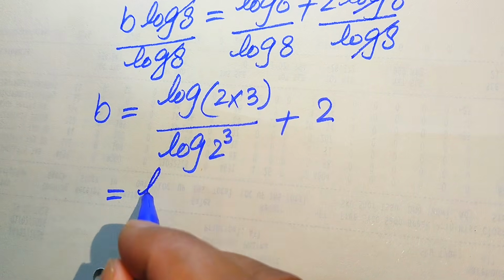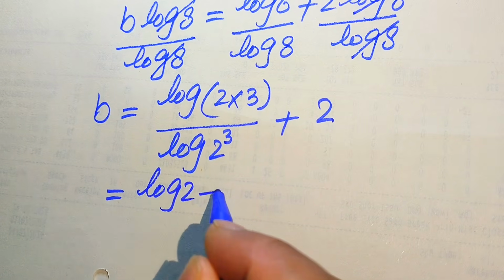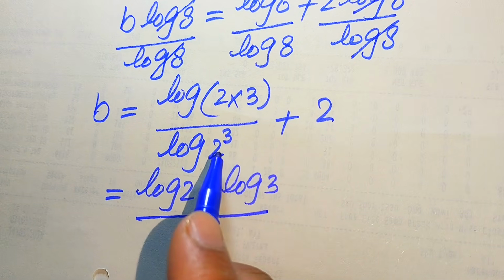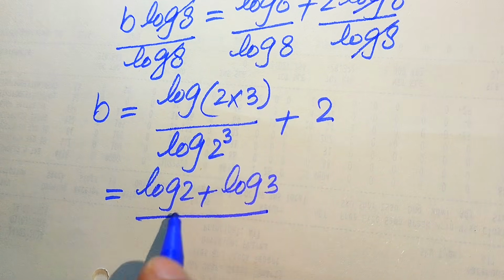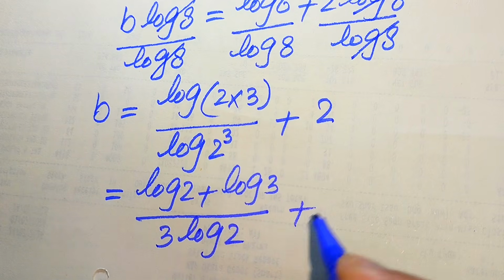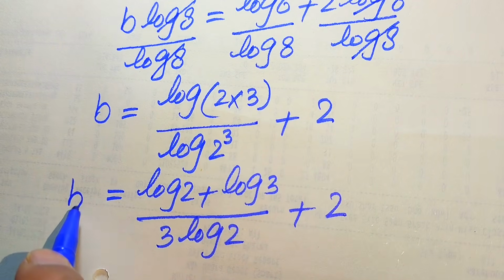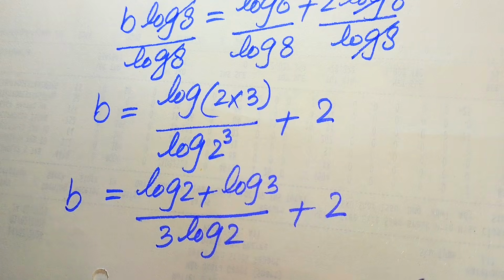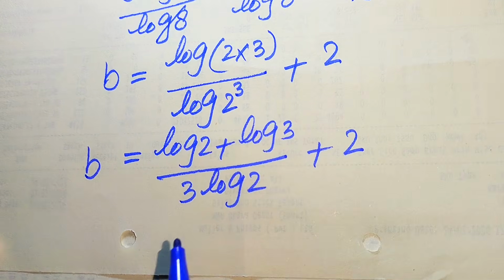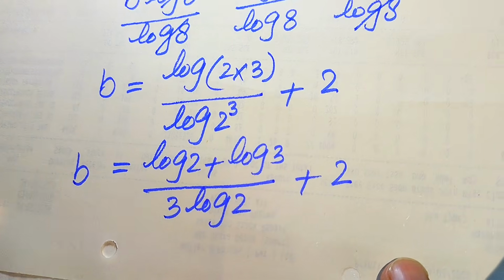So after this property we write it as log of 2 plus log of 3 divided by, here we apply the exponent property of log, and we move 3 in front of this log, and it becomes 3 times log 2, and plus 2 equals b. Further, for more simplification we break this fraction in this form.